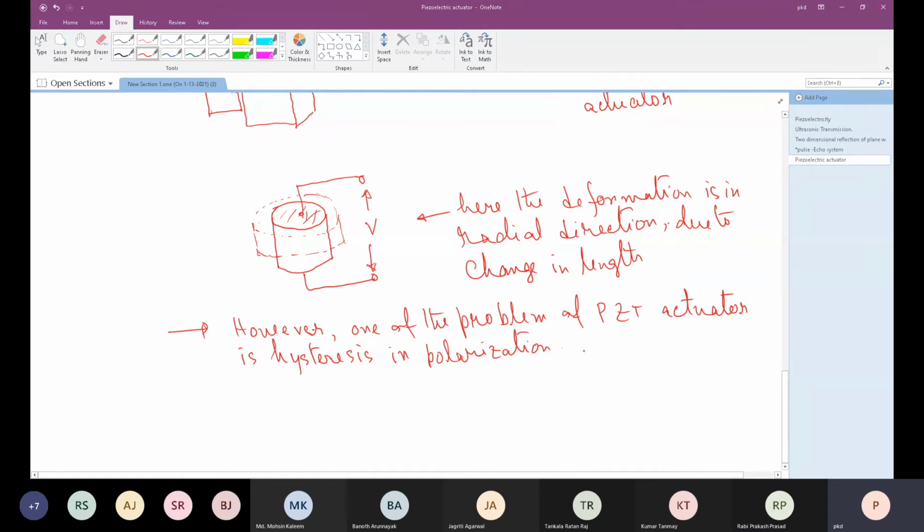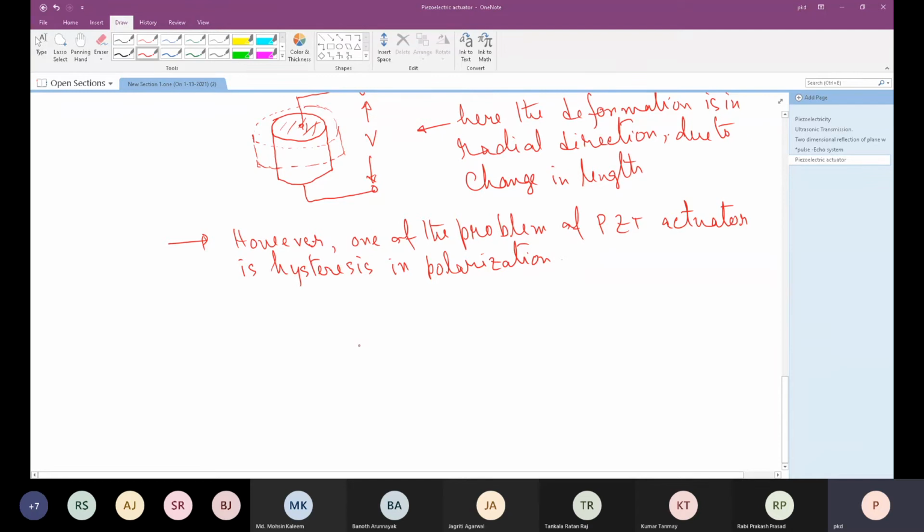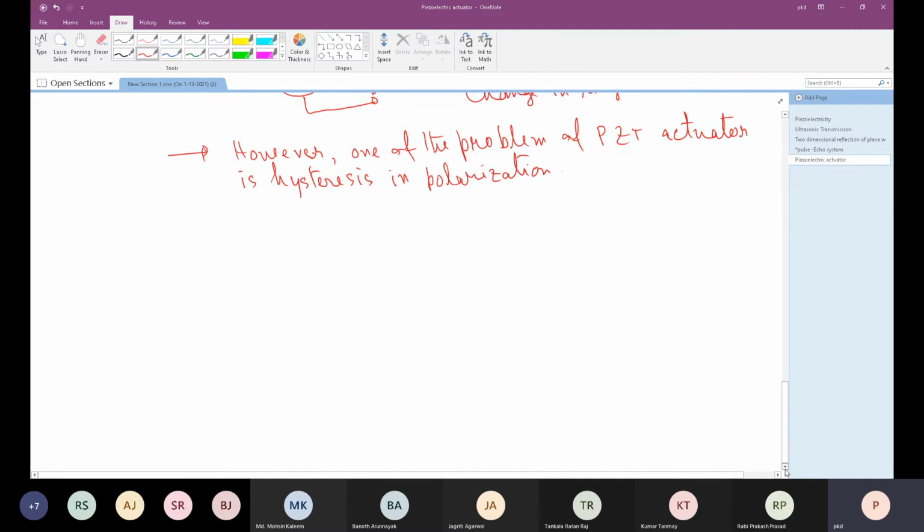If we apply an electric field, then charge should be accumulated. Now, if the field is removed, then the charge state should go back to the same positions, that means neutral positions. However, it does not happen in practice.